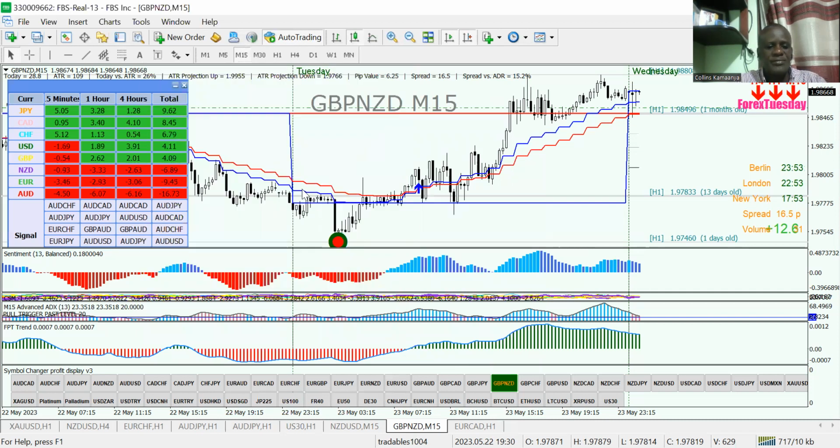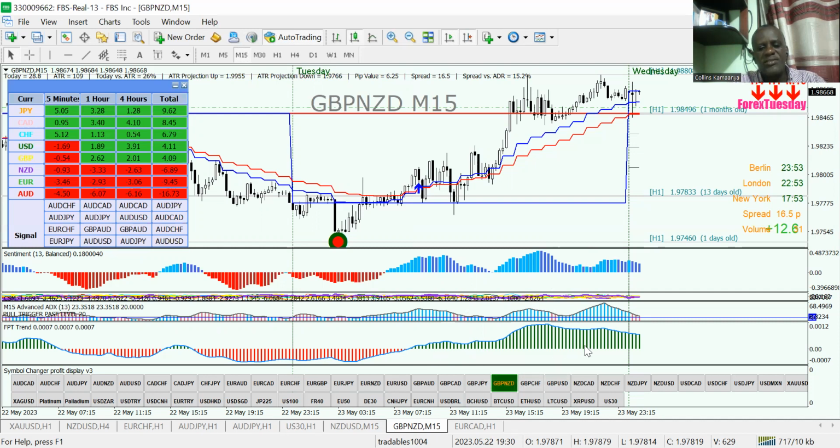Now, below here, under the lower window, we have the semaphore. Sorry, we have the segment indicator, followed by the advanced ADX, and then for the purpose of ascertaining the trend, I had to put in this F50 trend indicator.